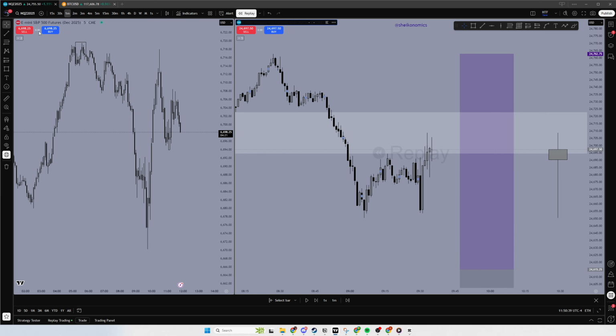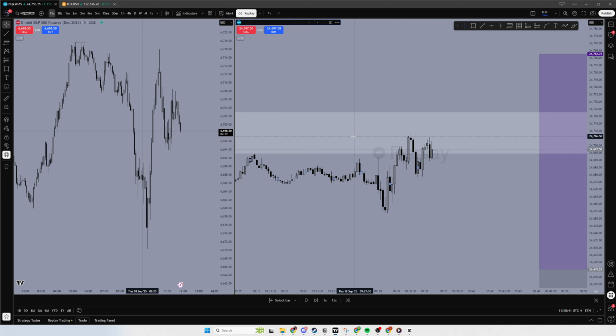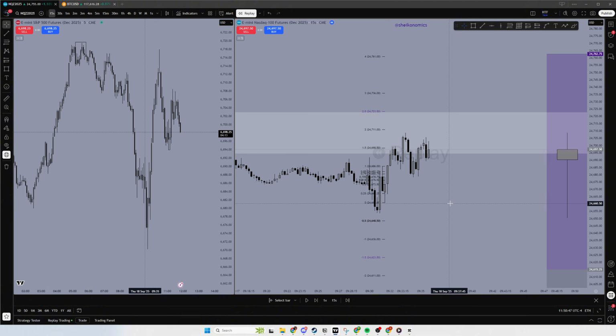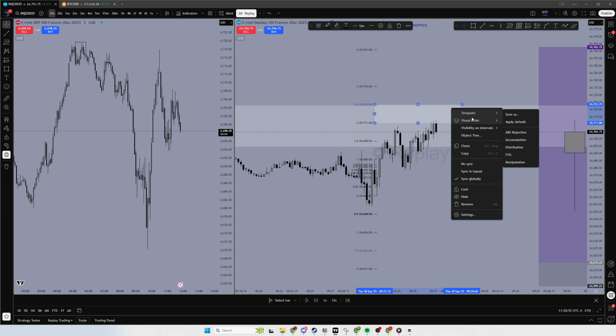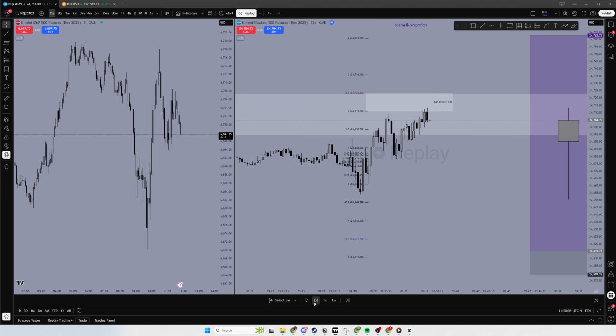Also, you can see that if you go into a lower time frame, in this move up we have this retracement, and you can see that we ended up tapping into this ABS level, and that sponsored this move lower.